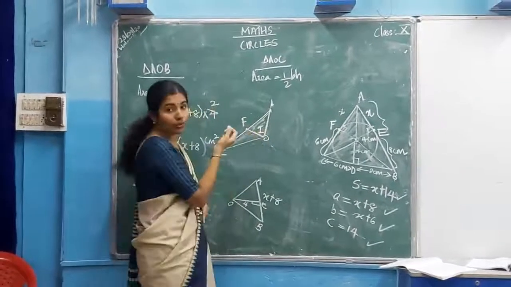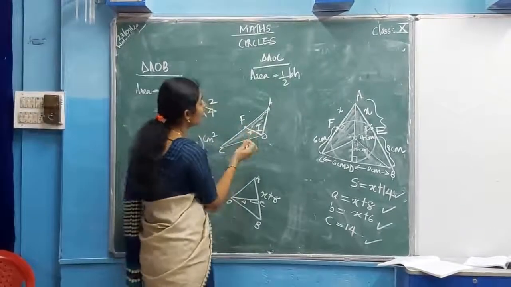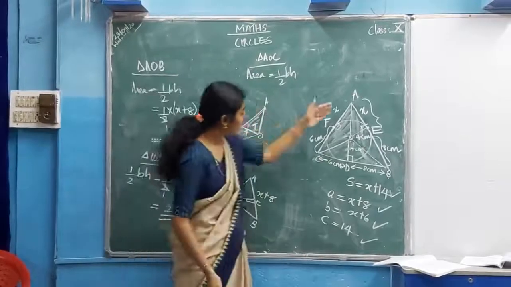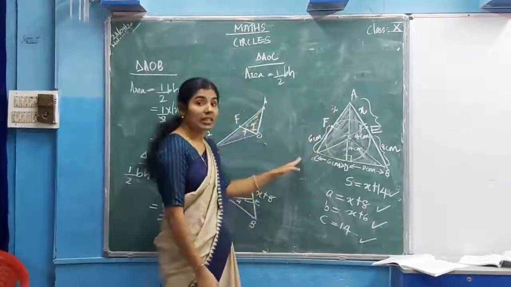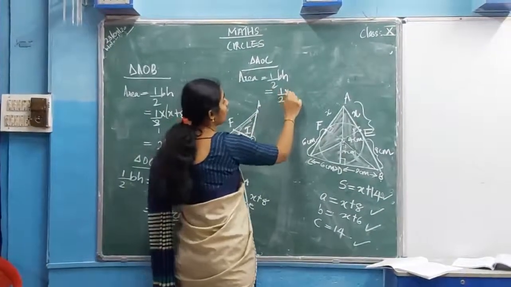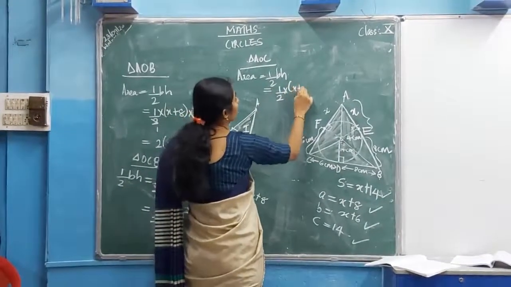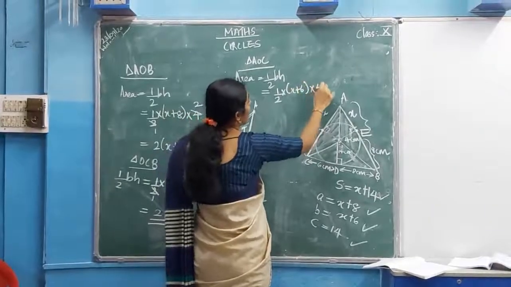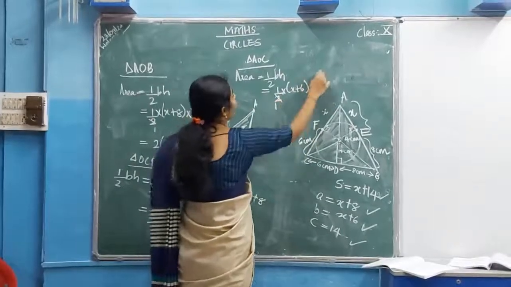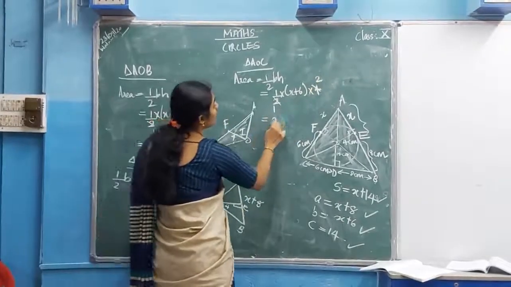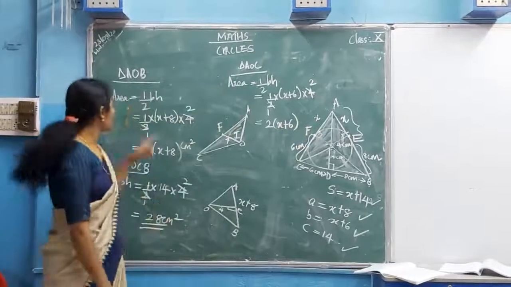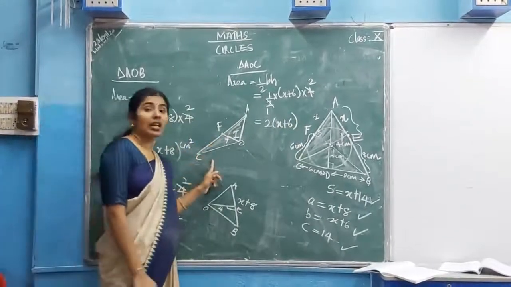That is OF, so its measurement is 4 cm. Base of this triangle is AC. AC is x plus 6. So when you are applying this formula, you will get half into x plus 6 into height 4 cm. 2 and 4 you can cancel. Now what you will get? 2 into x plus 6. So you will get the area of each triangle.